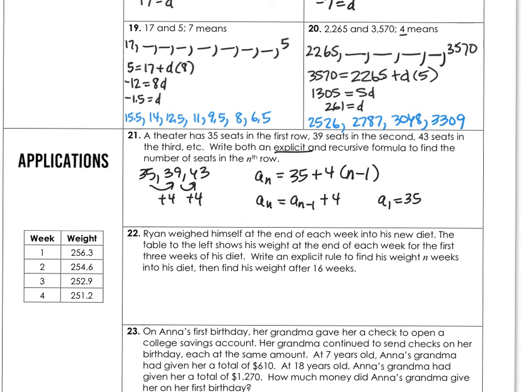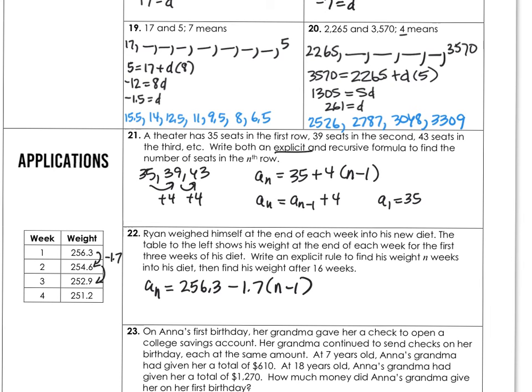So let's see, from there to there, he's losing 1.7 pounds each time, right? So minus 1.7. You're just going to subtract them on your calculator and see what it comes up to be. So that means the nth term is taking the first term and subtracting 1.7 times n minus 1. So there is our explicit rule.